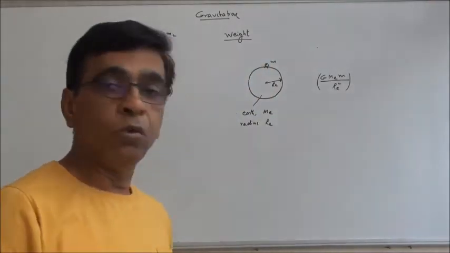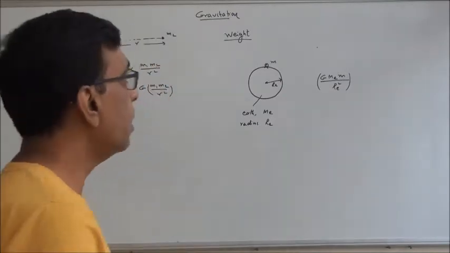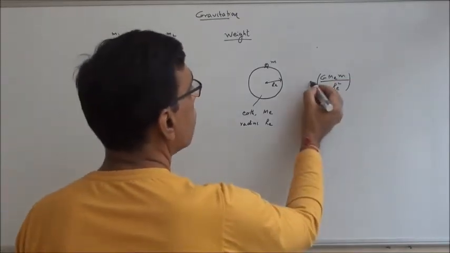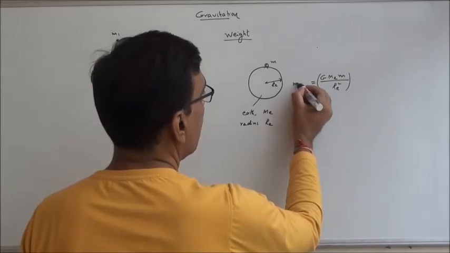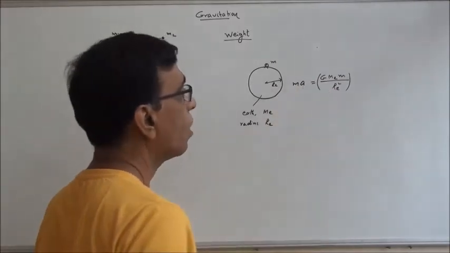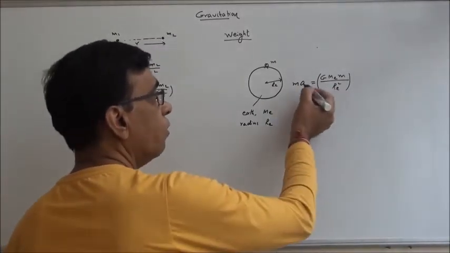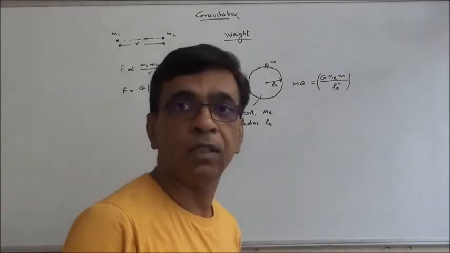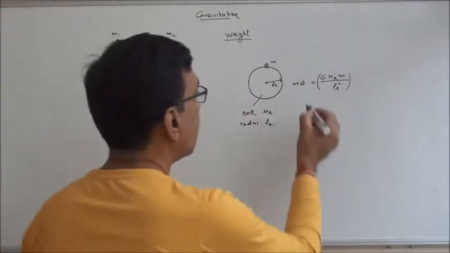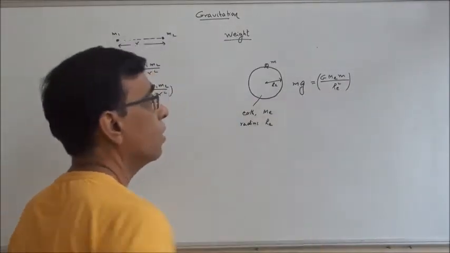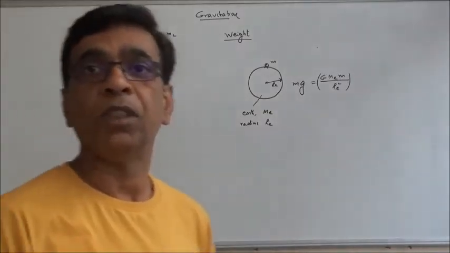And Newton's second law of motion, F is equal to ma. This is the force, so it should be equal to m into a. For gravitational force, the acceleration is gravitational acceleration, so we can use it as mg.